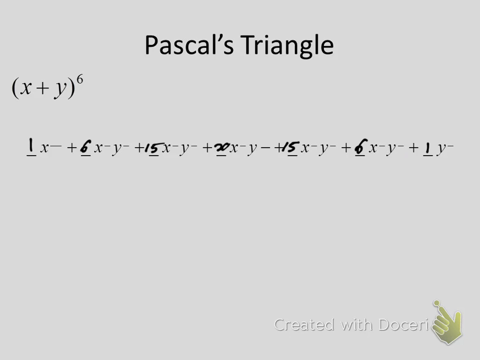You have this trinomial now times your next binomial, right? When you do that x squared times that x, what does that give you? X to the third. Okay, x cubed. Ignore the rest, go to the next binomial. X cubed times x is going to give you what? X to the fourth. Ignore the rest, go to the next. X to the fourth times x, x to the fifth, and then x to the sixth.